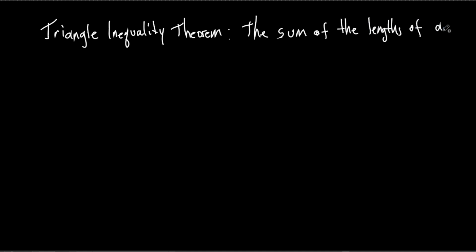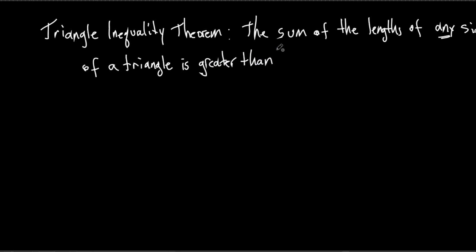The sum of the lengths of any two sides, okay? It doesn't matter if they're the longer sides, the shorter sides, or anything. Okay, any two sides of a triangle is greater than the length of the third side.